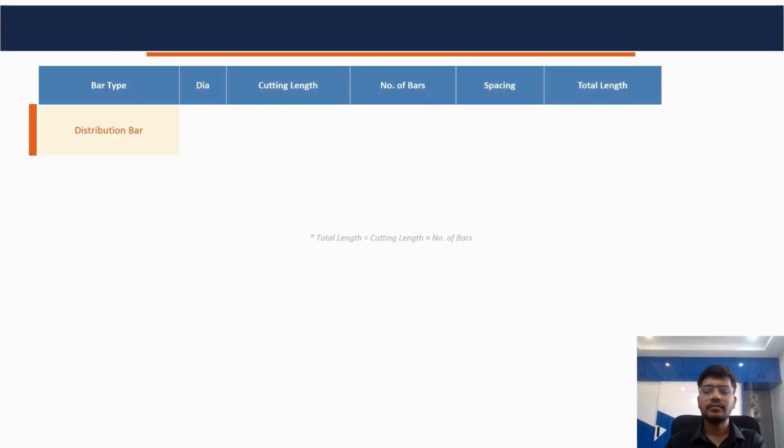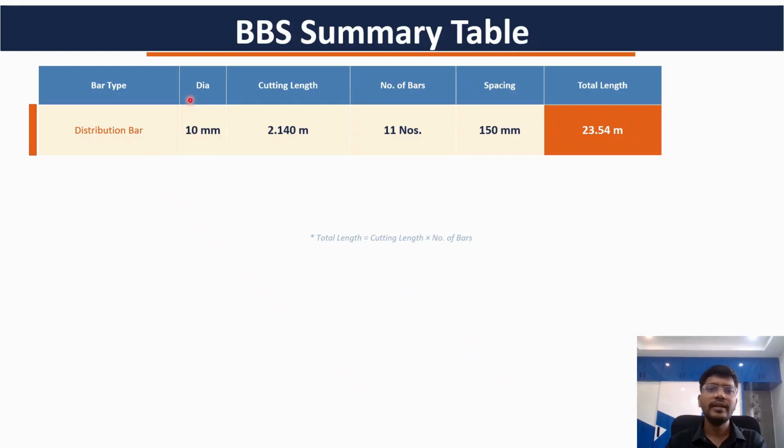So now that we have cutting length of main bar, distribution bar, number of bars required for distribution bar and number of main bars required, let's form the BBS summary table. So distribution bar diameter is 10 mm and the cutting length is 2.140. Number of bars required is 11 numbers.